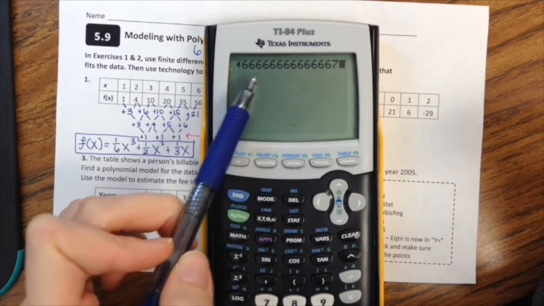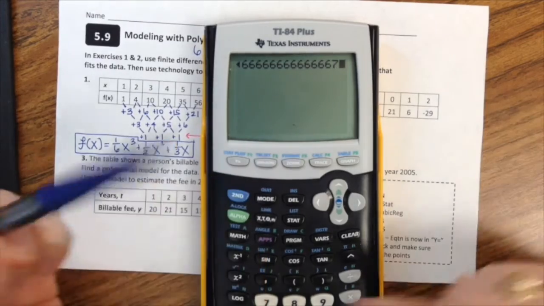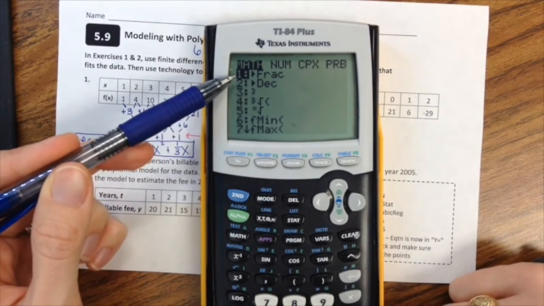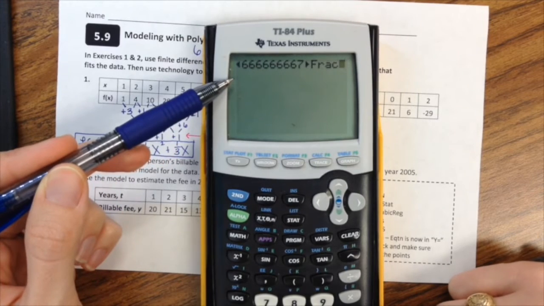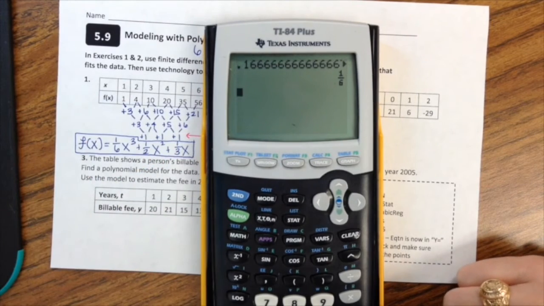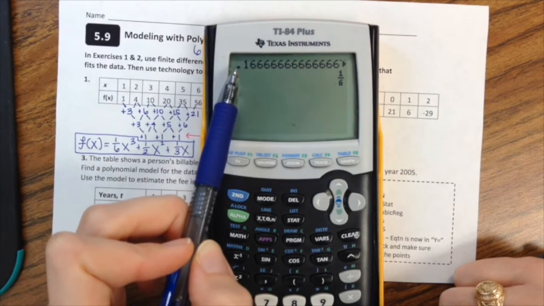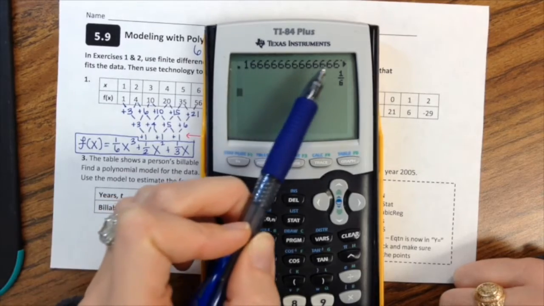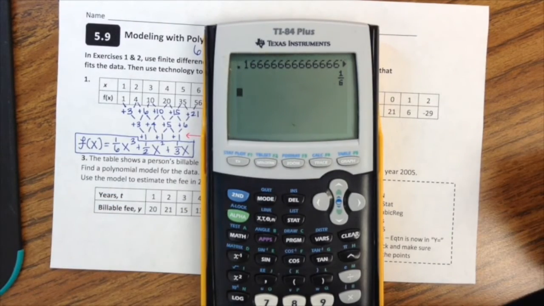So to be safe, just fill up the entire row. Then you're going to choose math. Number 1 says frac, short for fraction. And lo and behold, 1/6. So again, repeating decimal, you have to fill in the entire row with the number that's repeating before you tell it to find the fraction.